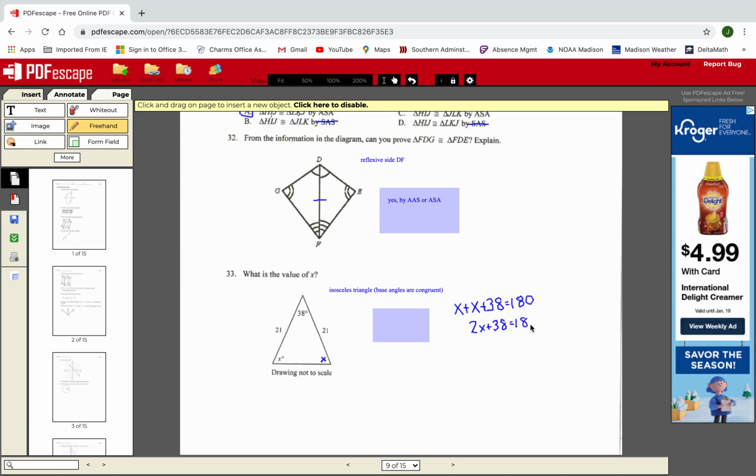Subtract 38 from 180. Now I have 2x equals 142. And divide both sides by 2. And it gives me that x equals 71.